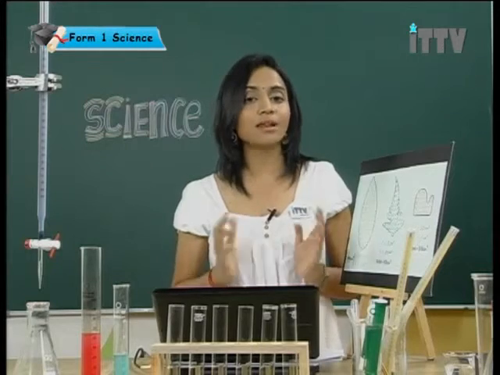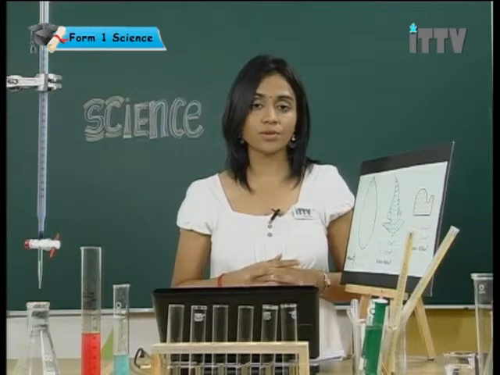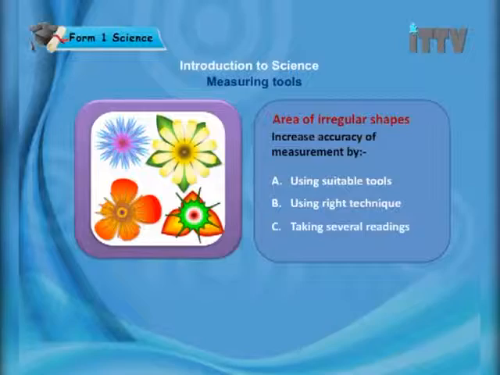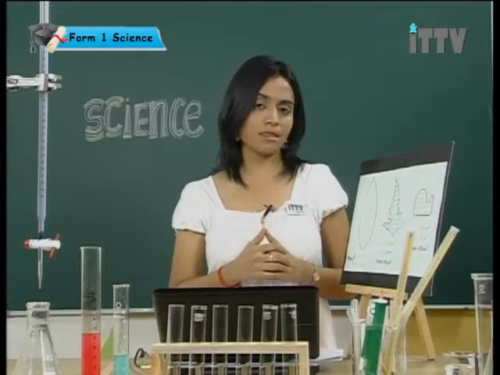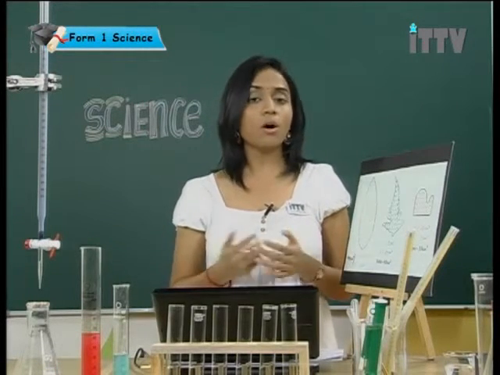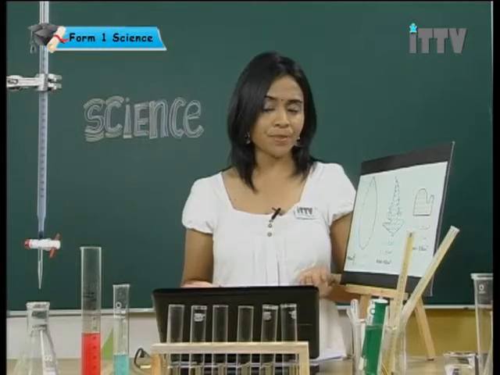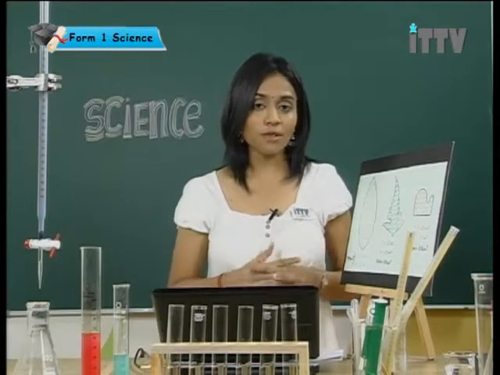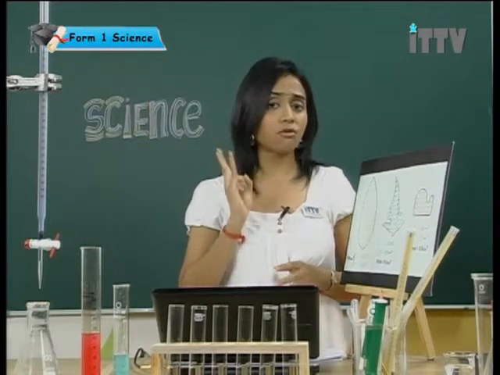Let's have a look at the last way to increase the accuracy of a certain measurement. Taking several readings. Now mostly we would take 3 readings. Let's say we take the length of a pencil or a magic pen using a ruler. We would take the length at least 3 times.